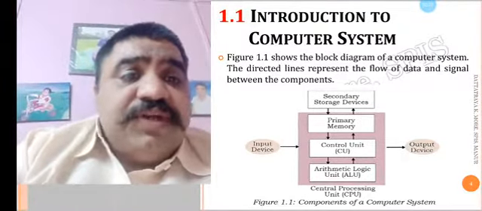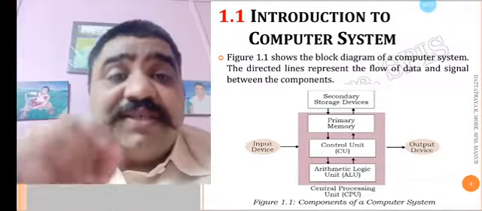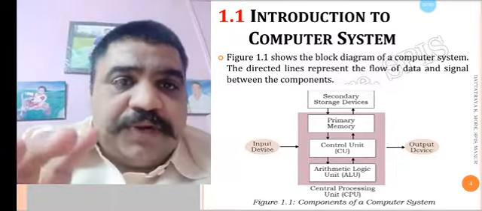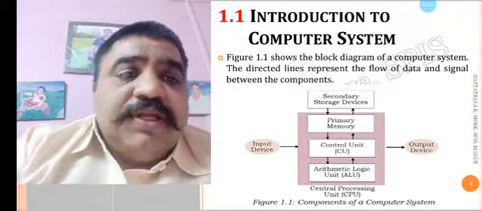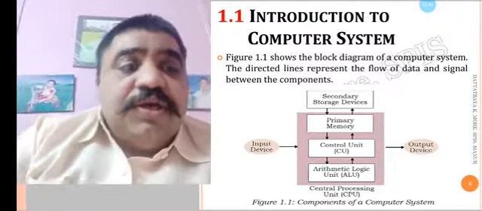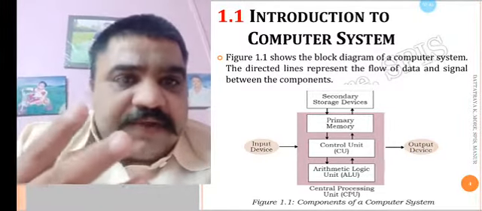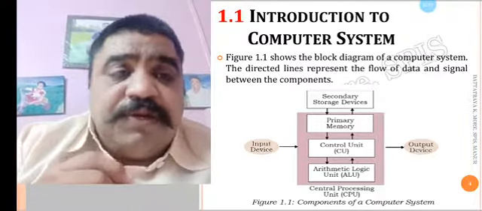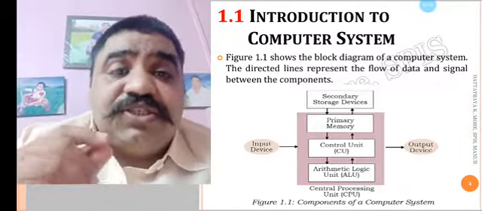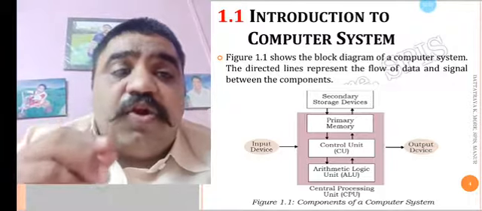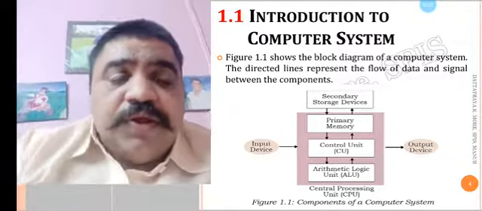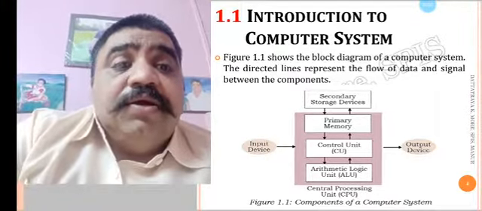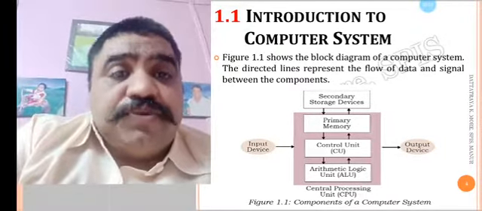See, the first one is the input devices, the devices which are collecting information, giving information to the computer, that is called input. Then the central processing unit, in which three main parts are there. First is the memory unit, that is primary memory, then the control unit CU and the arithmetic logic unit ALU. These three main parts work as a central processing unit.